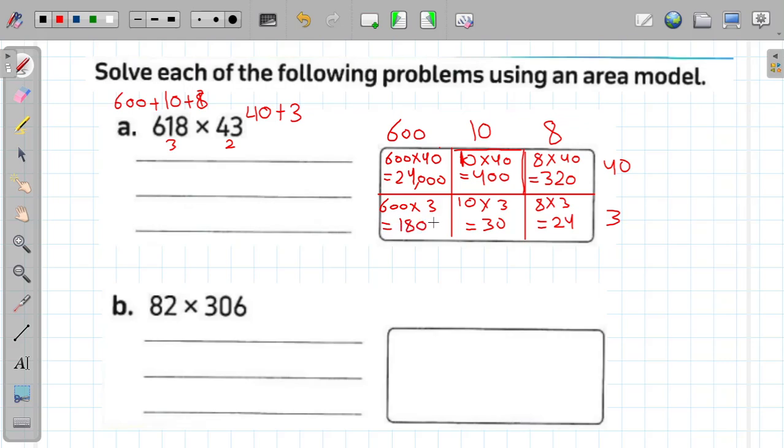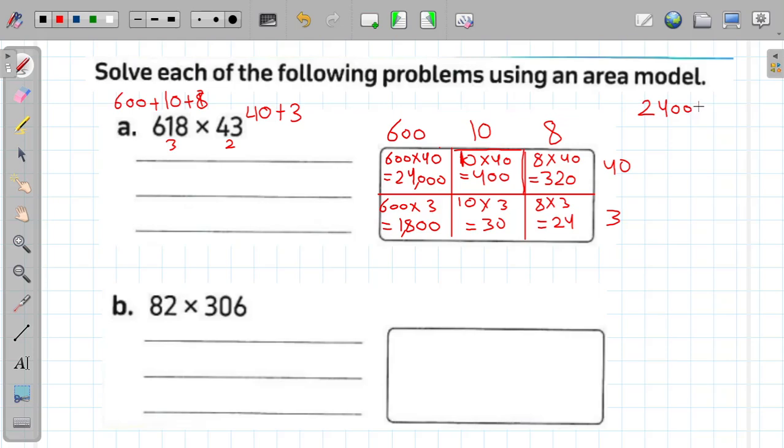And I have 2 zeros, so the result will be 1800. I will add all numbers here: 24,000, 400, 320, 1,800, 30, and 24.